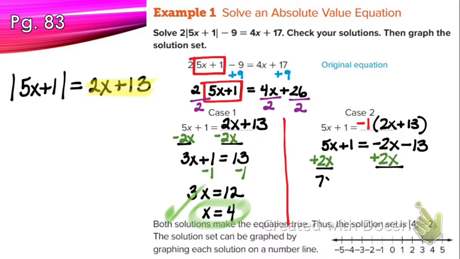So we're adding the 2x, and then we have to subtract the 1, and divide by 7. So we get x equals -2.